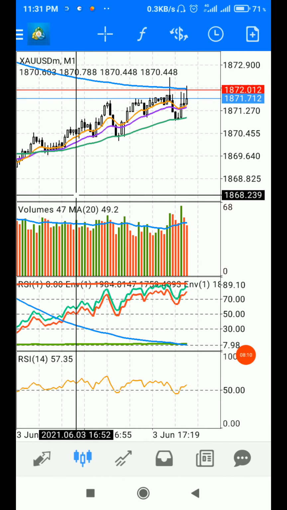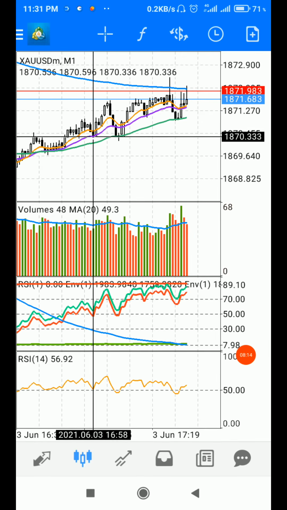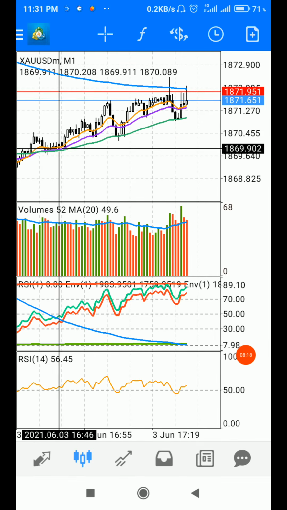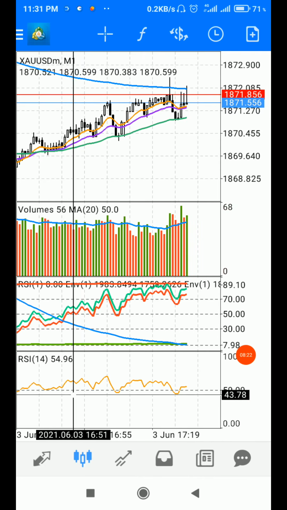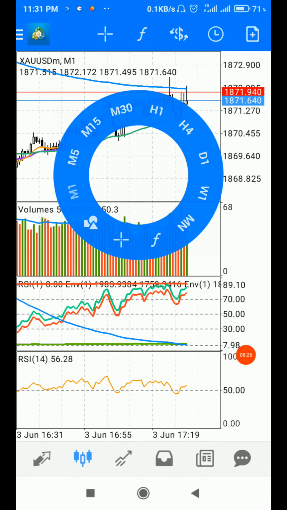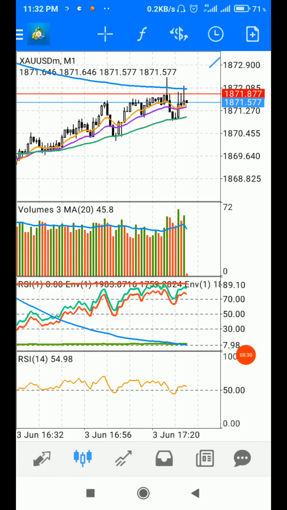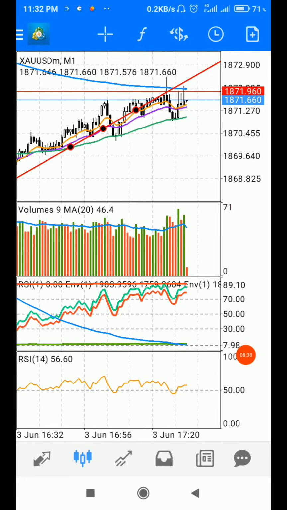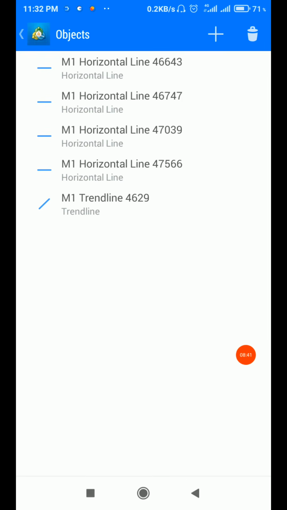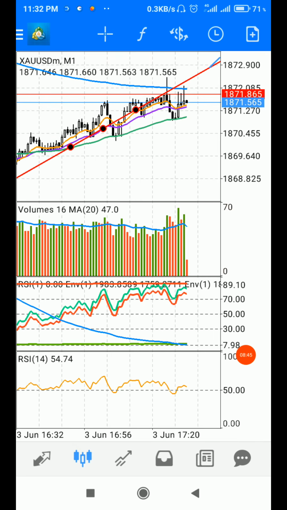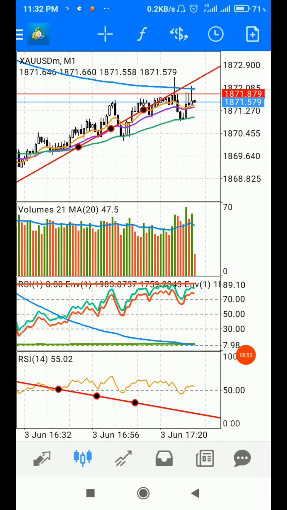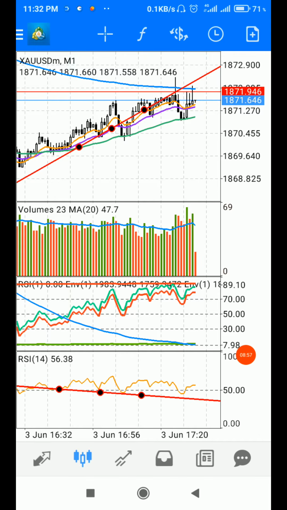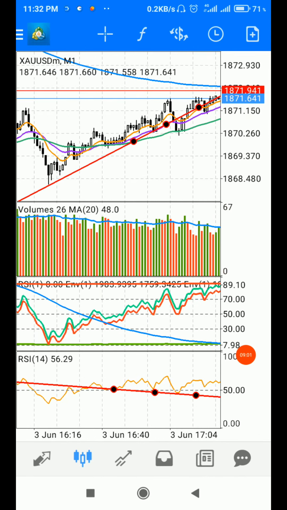So whenever you see price is hitting upward and you see this type of divergence on RSI, so if I draw here a trend line from this area to here, trend line, this area, if we connect this area, so here you see, it is called hidden divergence.